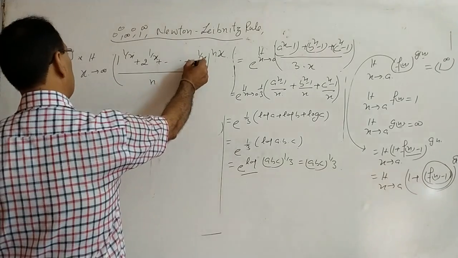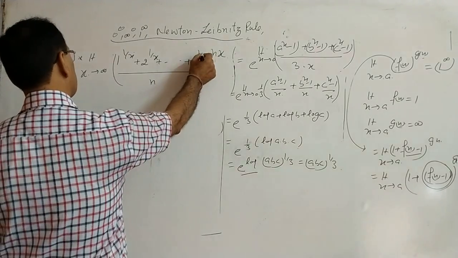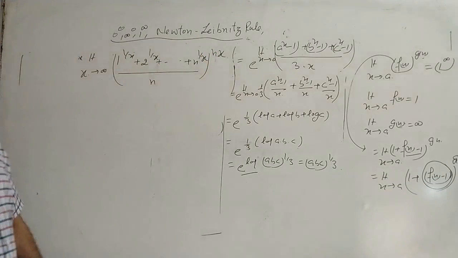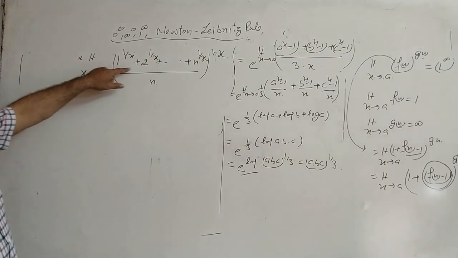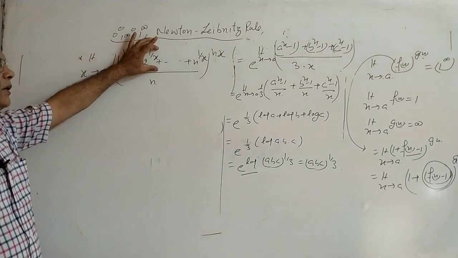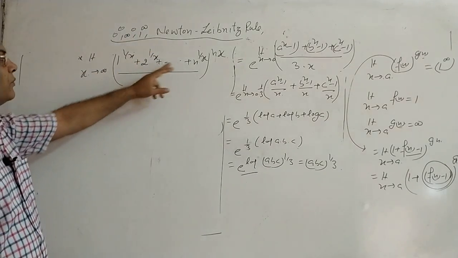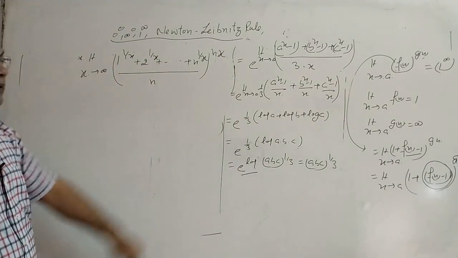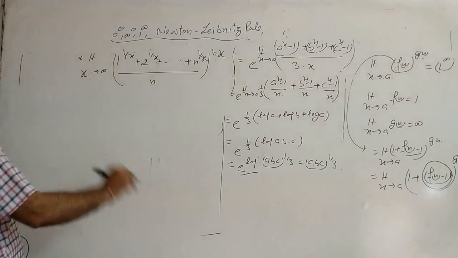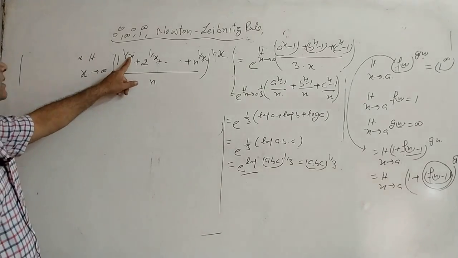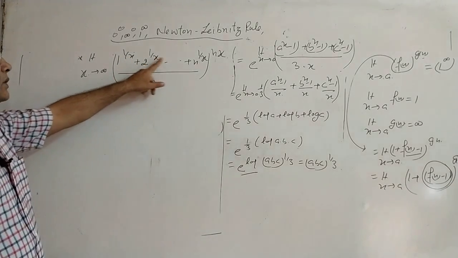N raised to power x, power is x, like this. Again you can see how many terms are given in addition in this numerator of the base, 1 2 3 up to n terms you are given. But when we are substituting the limit infinite 1 by x, it becomes 0, then 0, then 0.